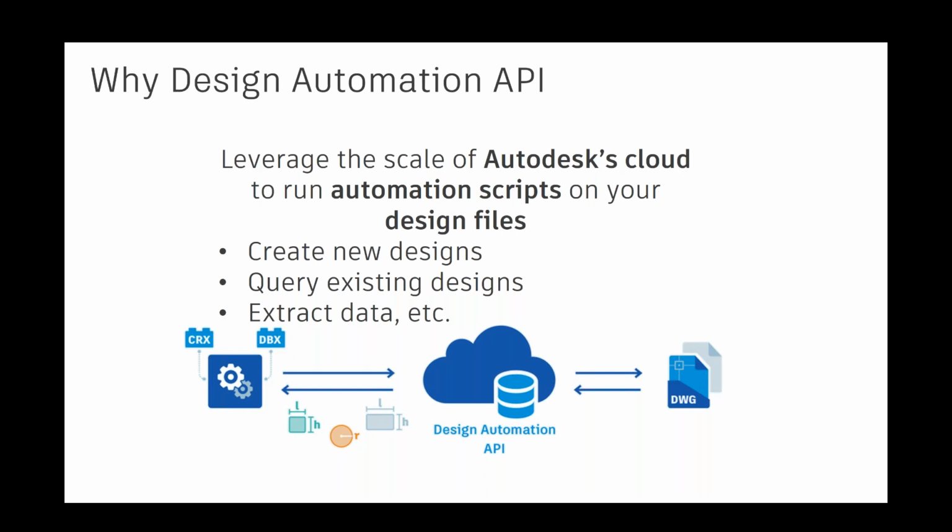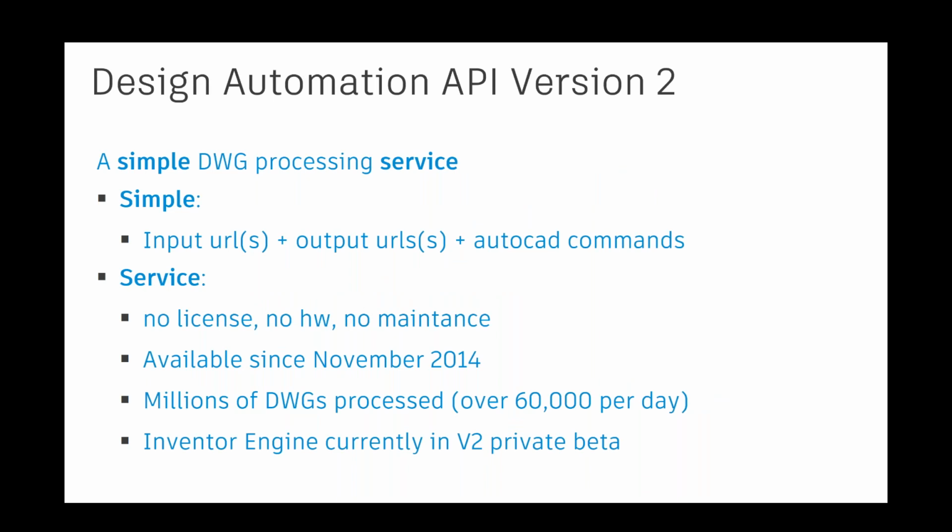If we look into what version 2, which is what we have there today, is doing, it's really a simple DWG processing service where you give it input URLs, you give it where to put the outputs, and you run some AutoCAD commands. For Inventor, this is really similar. You give it some input URLs, the output URLs, and you upload an Inventor plugin, which is basically an Inventor add-in without any of the UI, right?